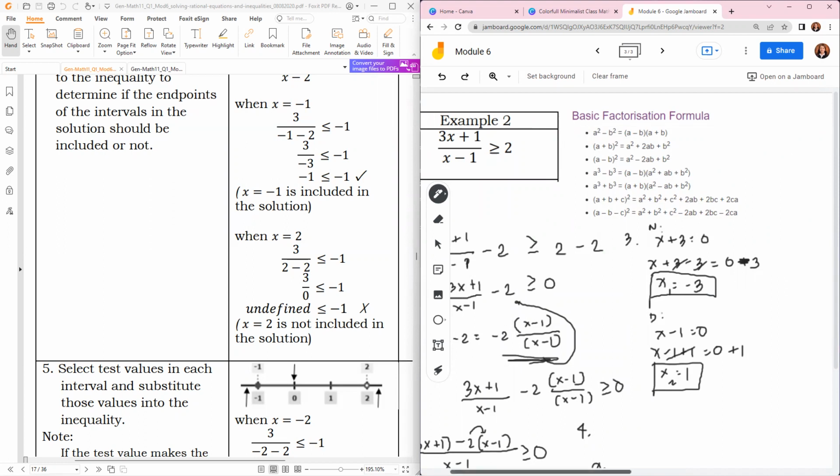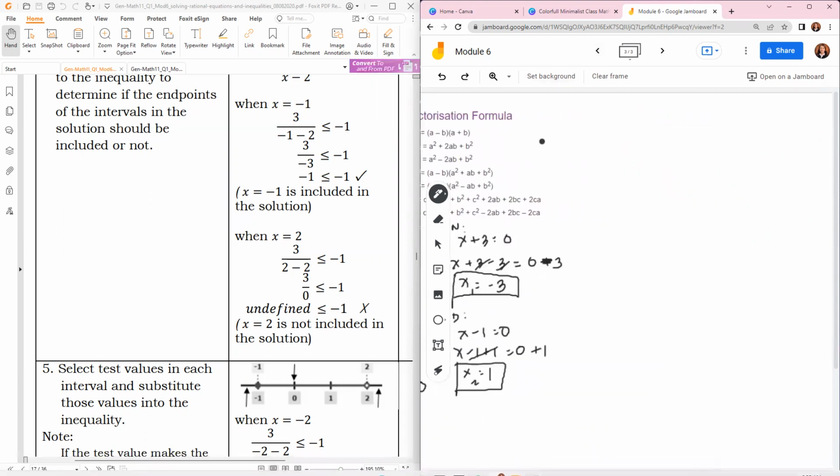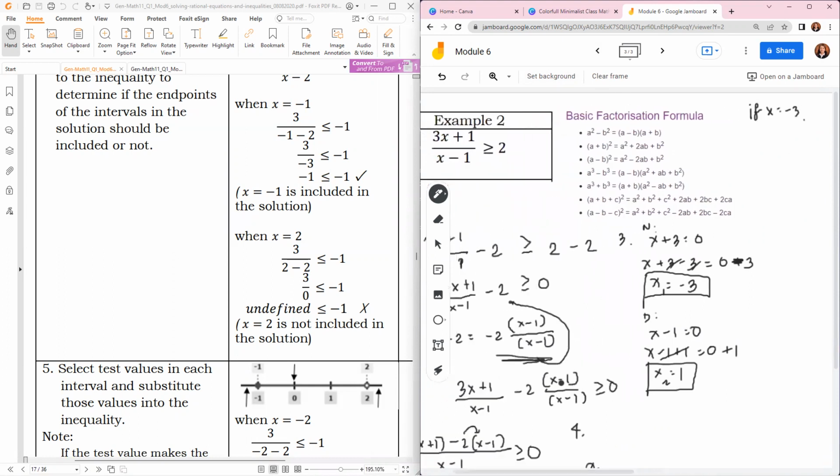So, let's start daw with x sub 1. So, if x sub 1 is equal to negative 3, atong i-substitute ni here. Kung right, sakto ba? So, 3 multiplied by negative 3 plus 1 over negative 3 minus 1.